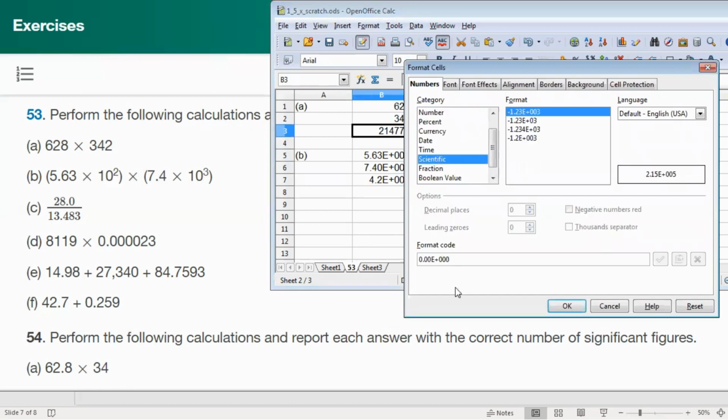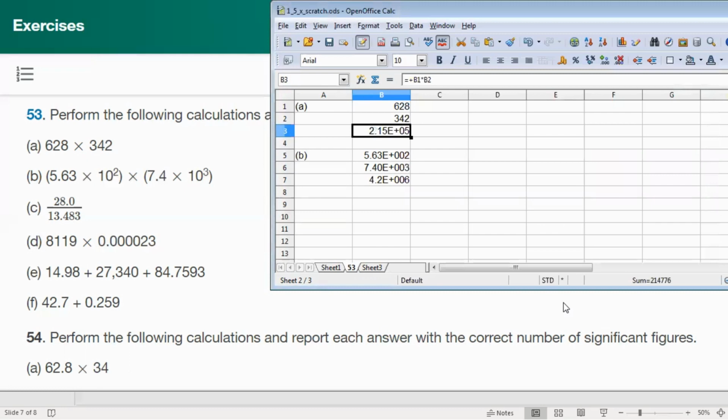And it wants 3 significant figures. So I specify that by putting the number of zeros in the format code to have the number of significant figures. And it's 2.15 times 10 to the 5th. Let's see if that agrees with theirs. Yep, theirs is 2.15 times 10 to the 5th.